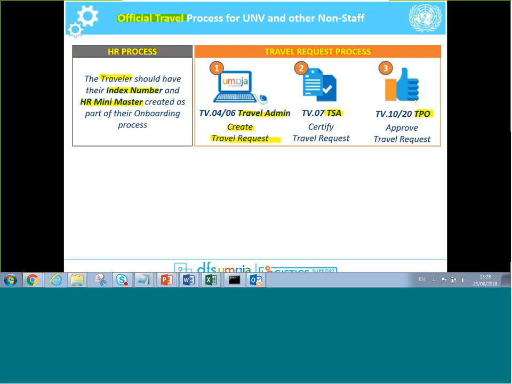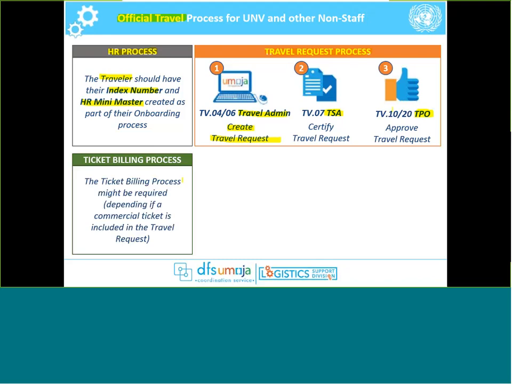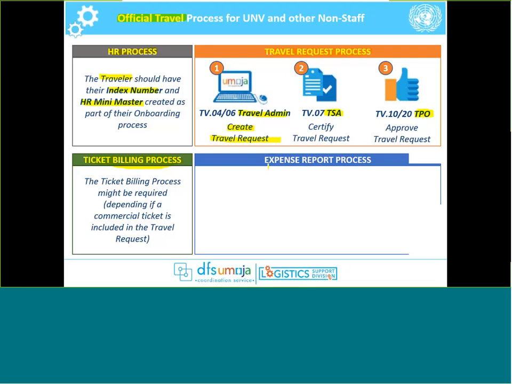Once the travel request is fully approved, the finance can pay the vendor in case there is a ticket involved, so they will receive the invoices from the vendors, and they will be able to pay the vendor, and you as a travel administrator will be able to raise the related expense report. So remember that you are responsible not only for the travel request part, but also for the expense report part.